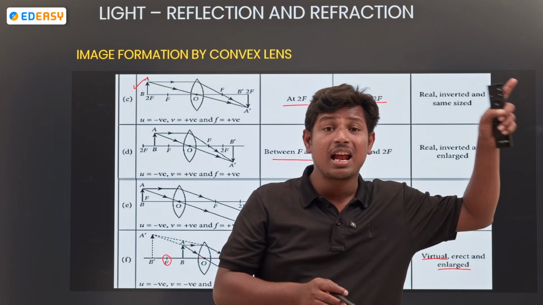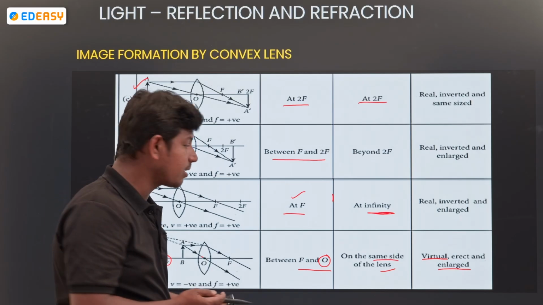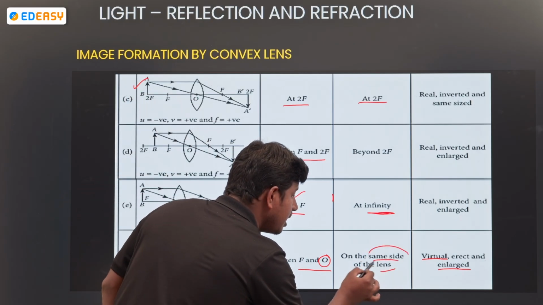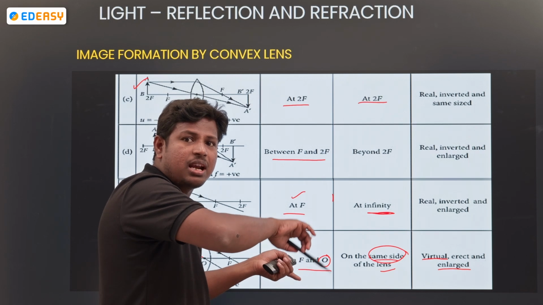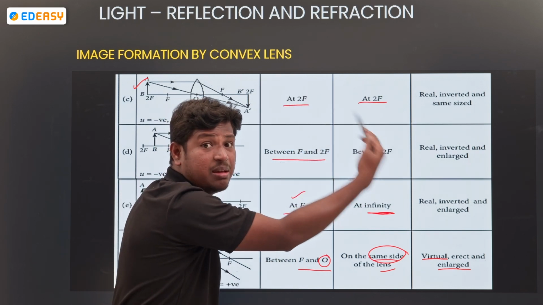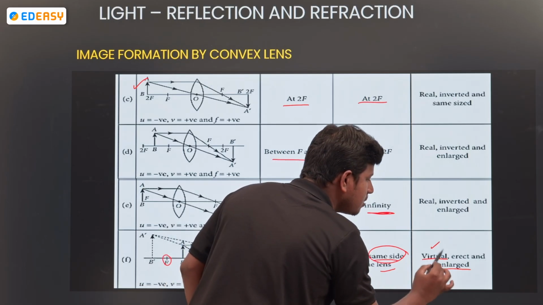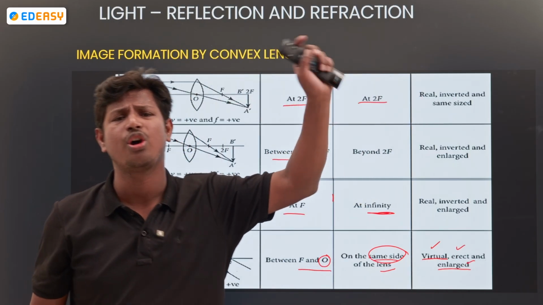Virtual image. There it is behind the mirror, here it is on the same side. Virtual, erect, enlarged. Same properties as a concave mirror.